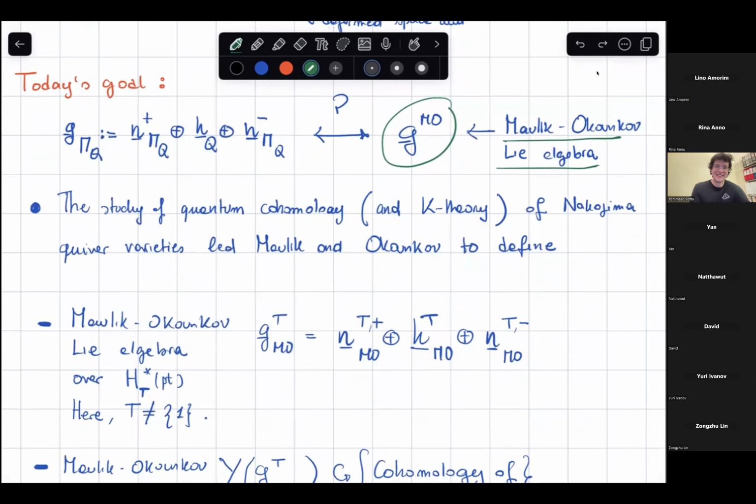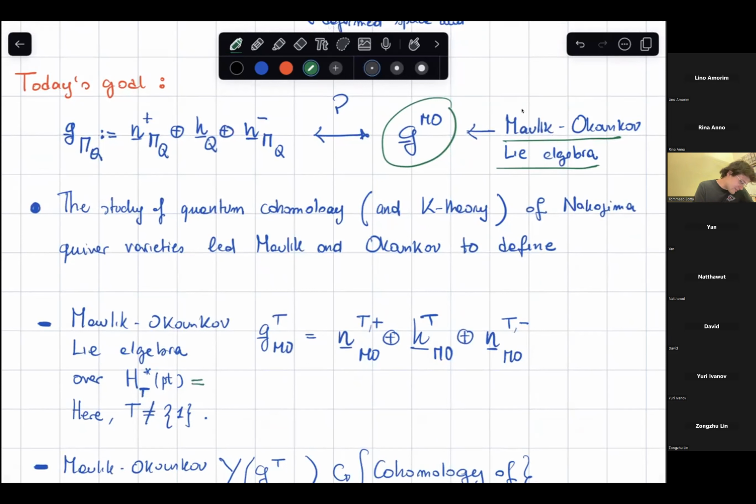The first thing is that a priori, this is an algebra only defined over the base ring given by the T-equivariant cohomology of the point. Unlike in the theory of cohomological algebras, here we cannot choose T to be trivial. So in their definition, T cannot be chosen to be trivial.